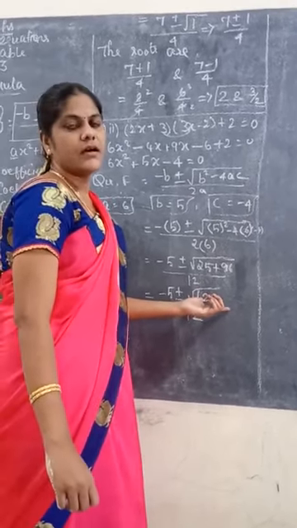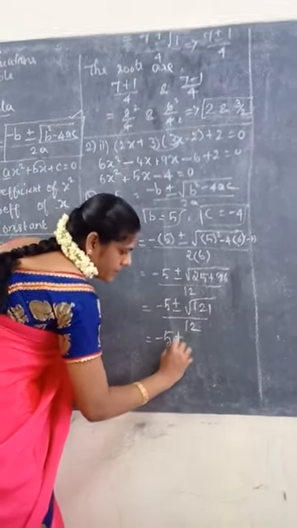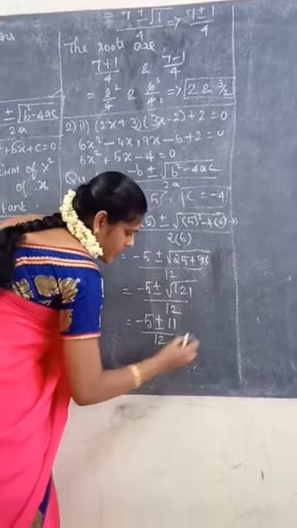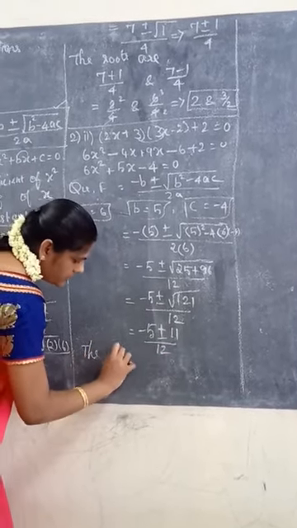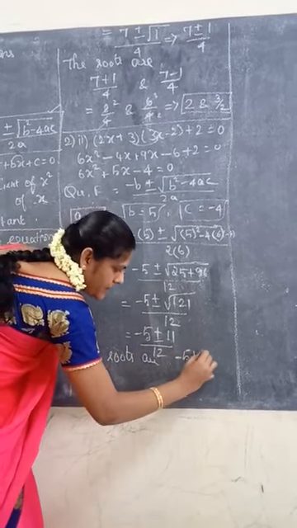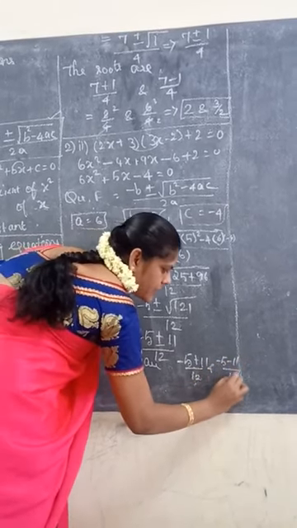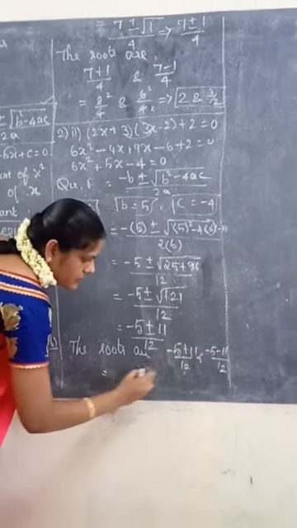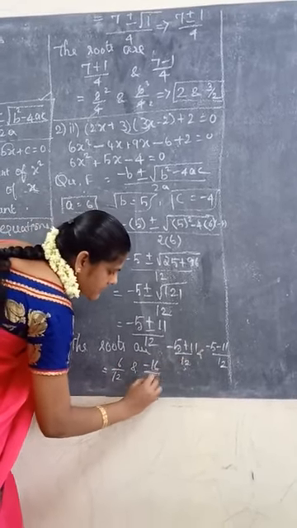Next, 121 is the square of 11, so minus 5 plus or minus 11 by 12. So the roots, now we need to split the term. So the roots are minus 5 plus 11 by 12 and minus 5 minus 11 by 12. Next, 6 by 12, and here minus 16 by 12.